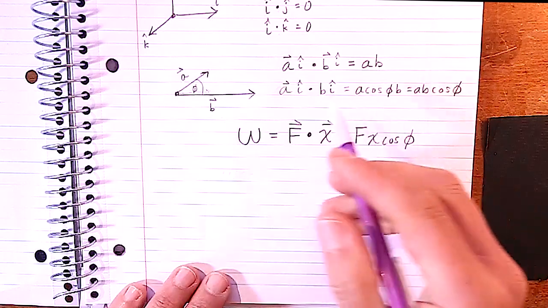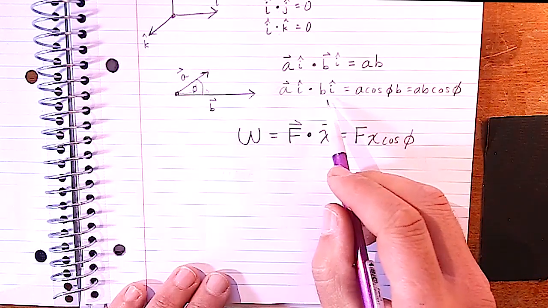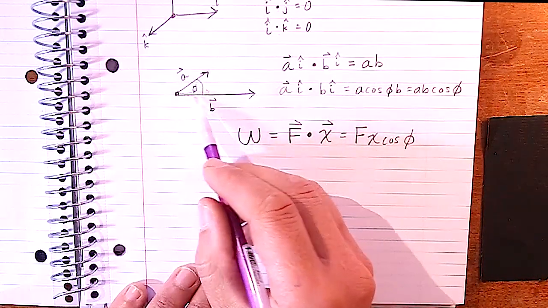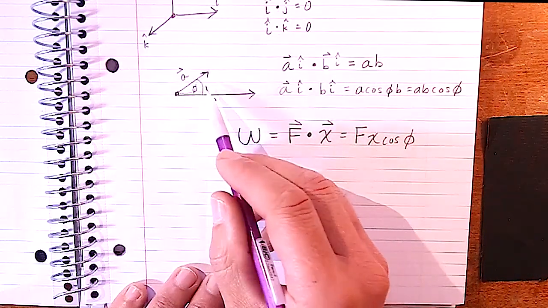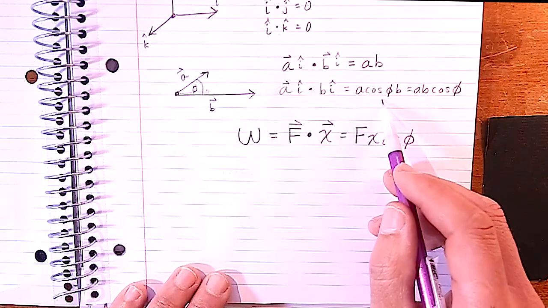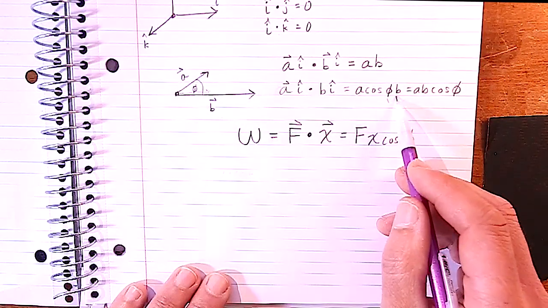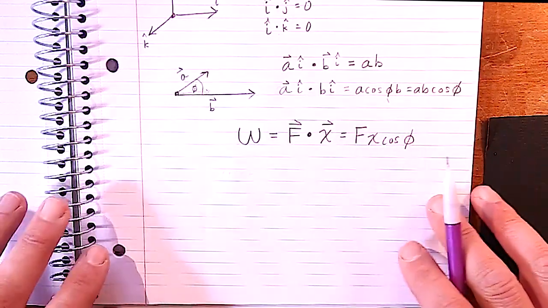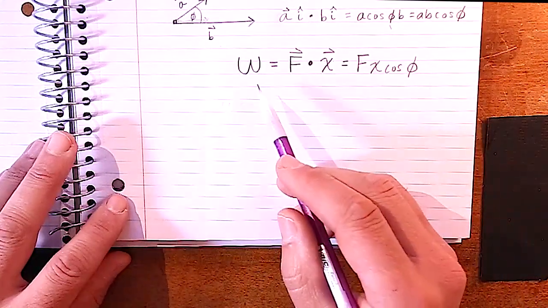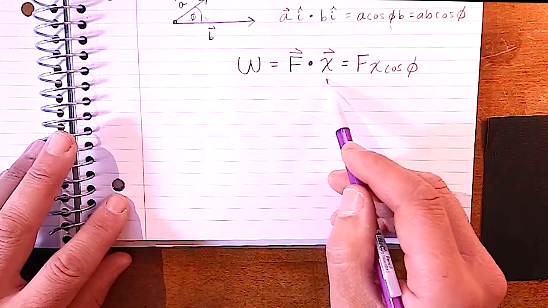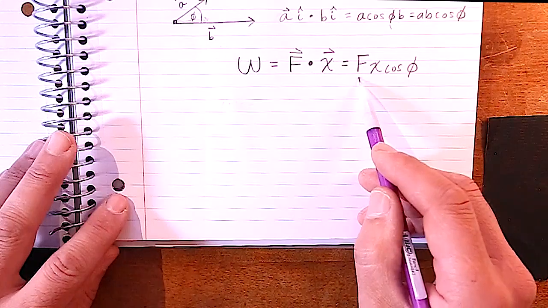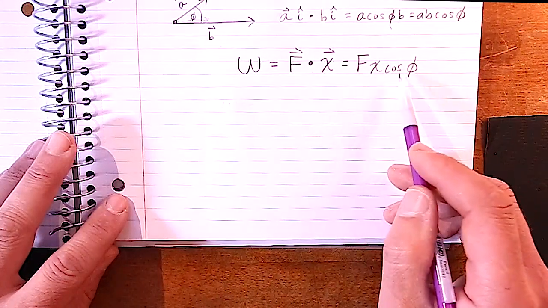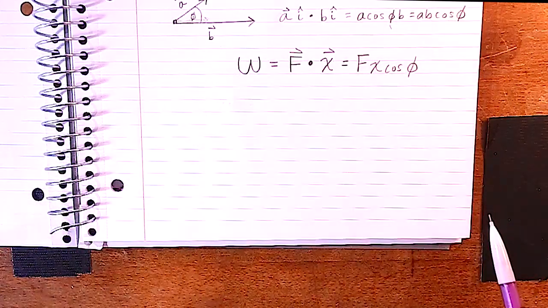Now, if we have two dot products, how are we getting this A? Well, this A is the component, the adjacent side of this triangle, and that would be A cosine phi times B, or we can just pull this B out and say AB cos phi. So sometimes the formula for work written as a dot product is also written as F x times cosine phi to find that parallel amount, which is the dot product.